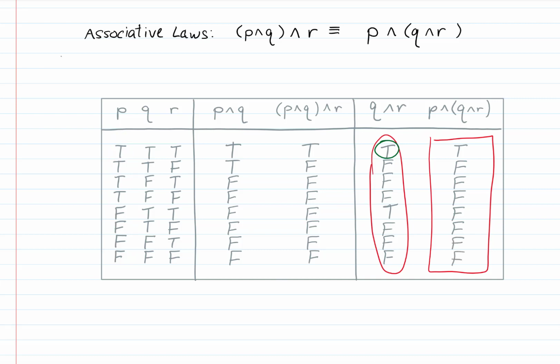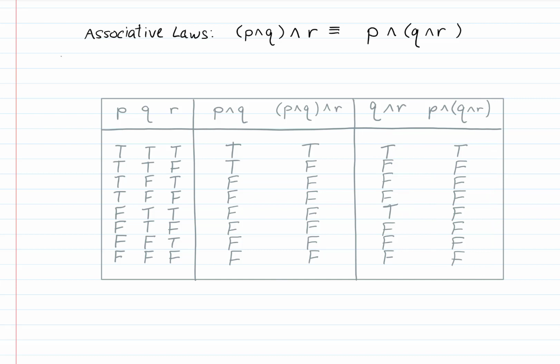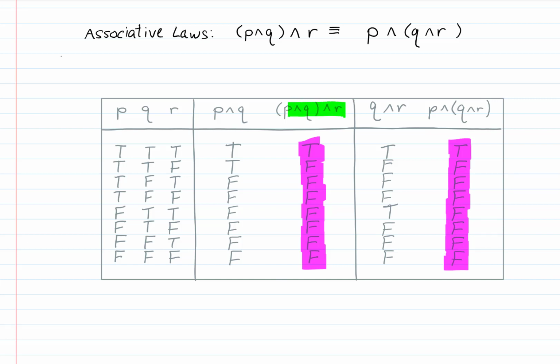Okay. And now I'll just draw your attention to the fact that that column is identical to that one, which means that this statement form is equivalent to this one. Okay?